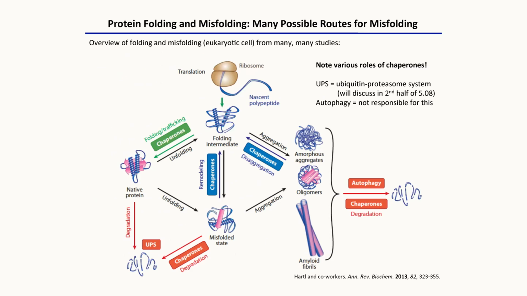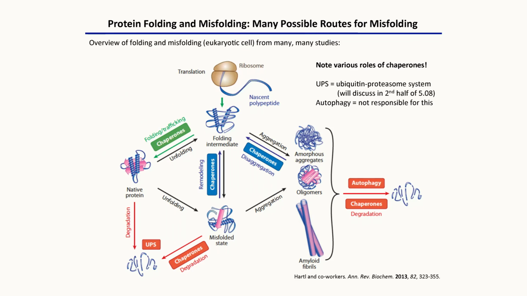If we just take an overview of folding and misfolding, and this is diagrammed for a eukaryotic cell and from many, many different types of studies, what do we see? So we see that some sort of biomolecule called chaperone keeps coming up again and again. So these are proteins that assist with folding or unfolding, disaggregation, right?